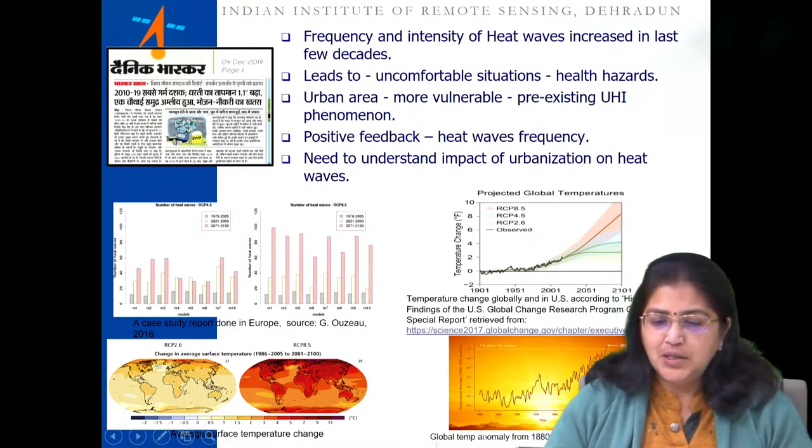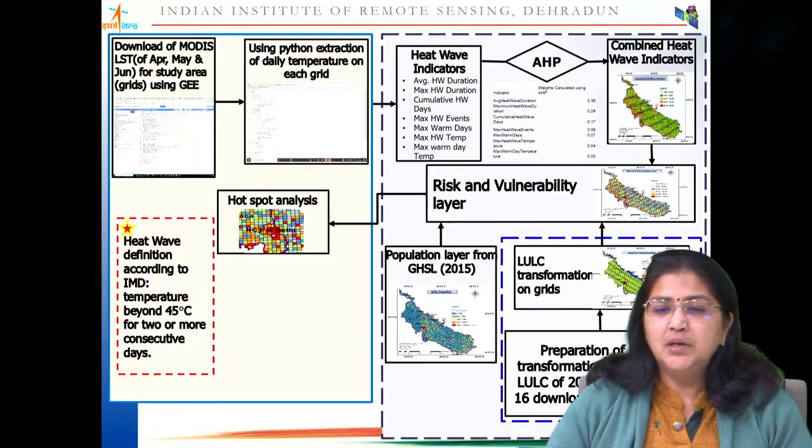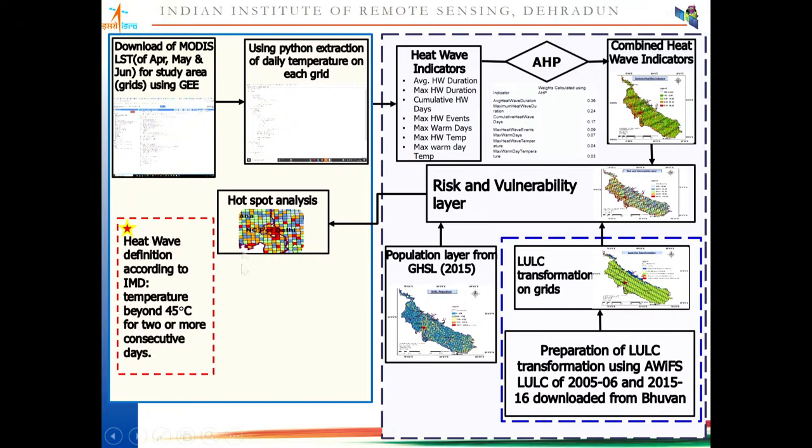So here you can see that globally heat wave frequency and intensity are increasing. For studying this, MODIS LST data available on Google Earth Engine has been utilized, and the study period was considered as April, May and June because this is the main heat wave period.